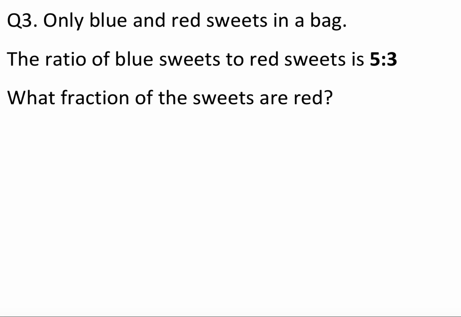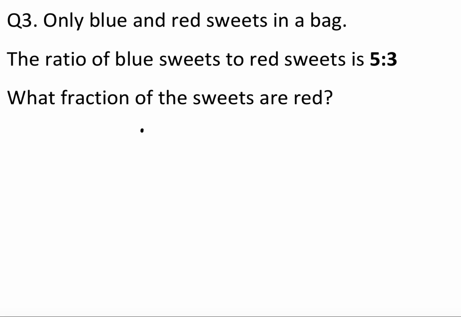This one's a ratio question. Question 3. Only blue and red sweets are in a bag. The ratio of blue sweets to red sweets is 5 to 3. What fraction of sweets are red? So the ratio of blue to red is 5:3.